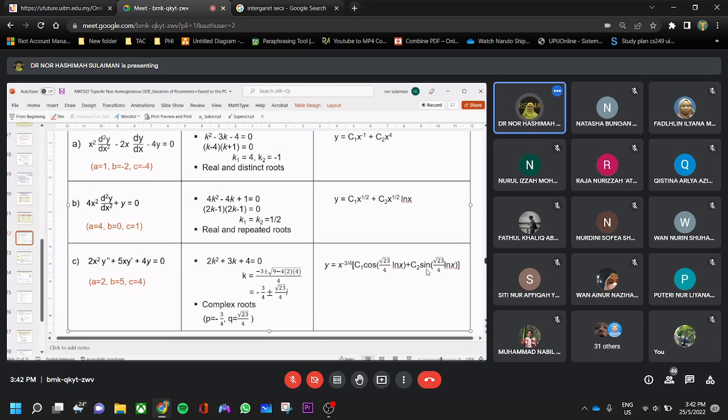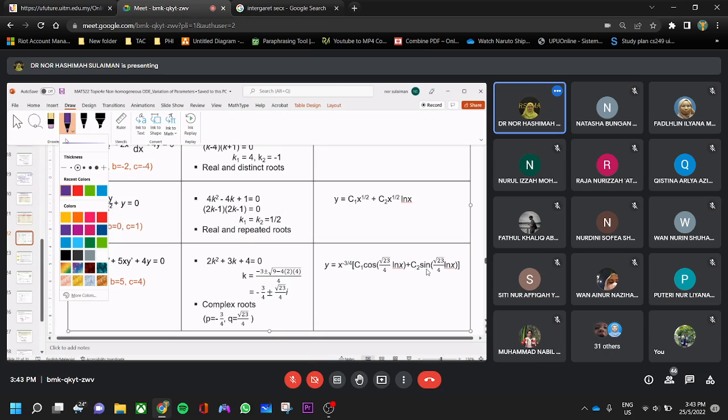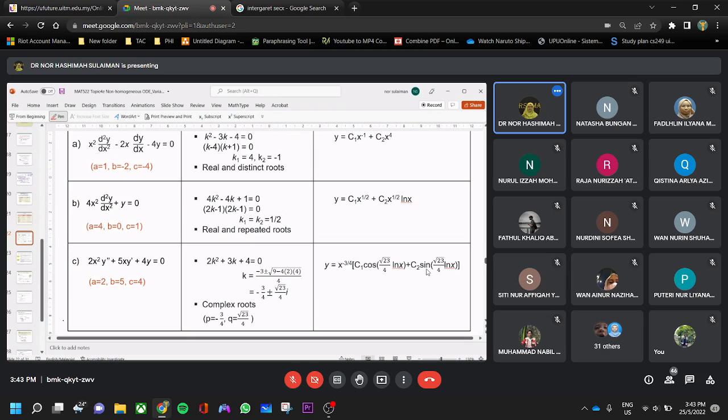Y equals to, mana saya punya pen? Okay, kat sini. Y equals to x to the power of P bracket C1 cos Q log x, right?